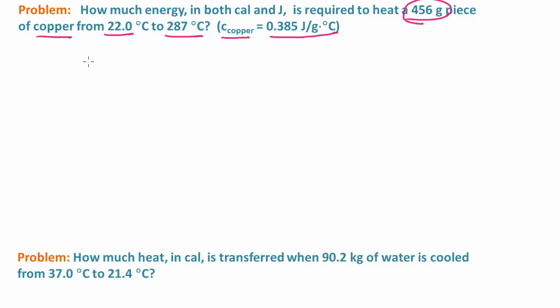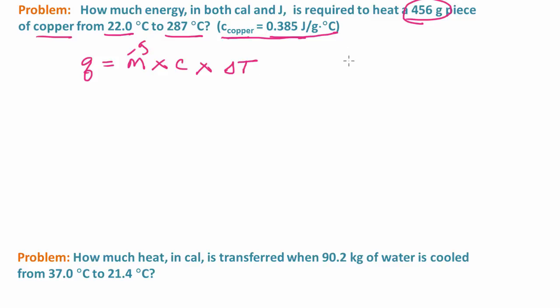So remember, Q, that's the heat energy, is equal to the mass times the specific heat times delta T. We have the mass. Remember, mass must be in grams. So we have the mass, which is 456 grams. We have the specific heat, which is here.